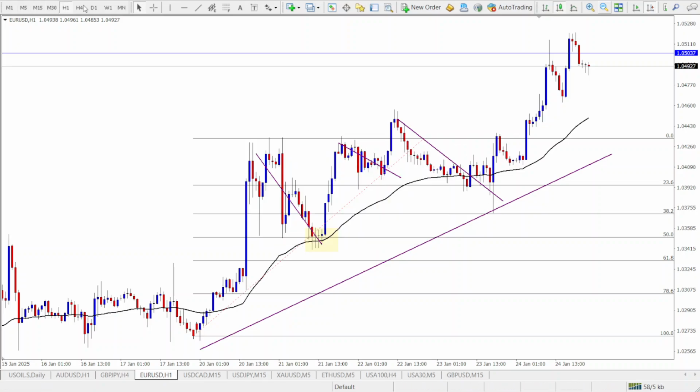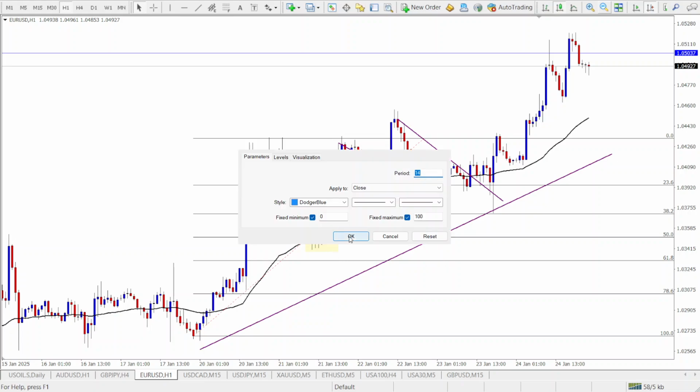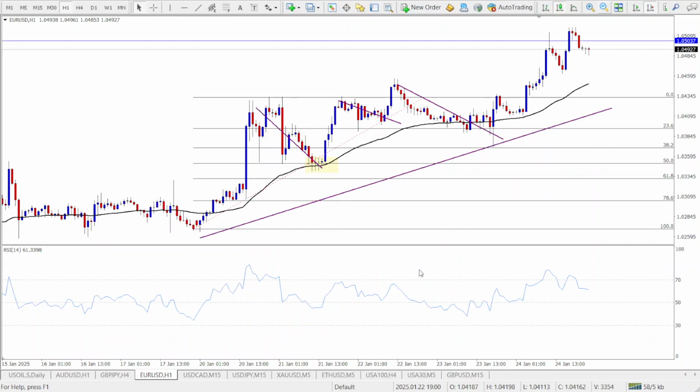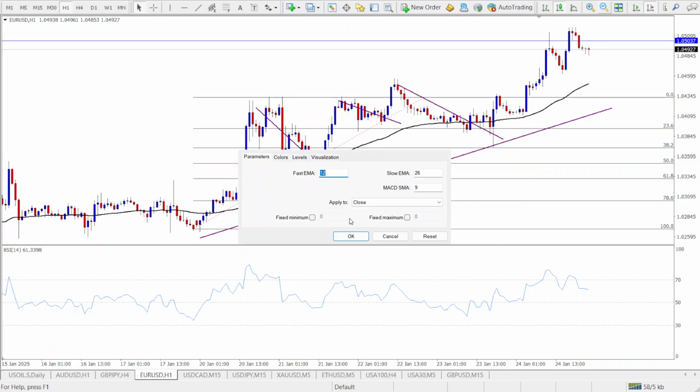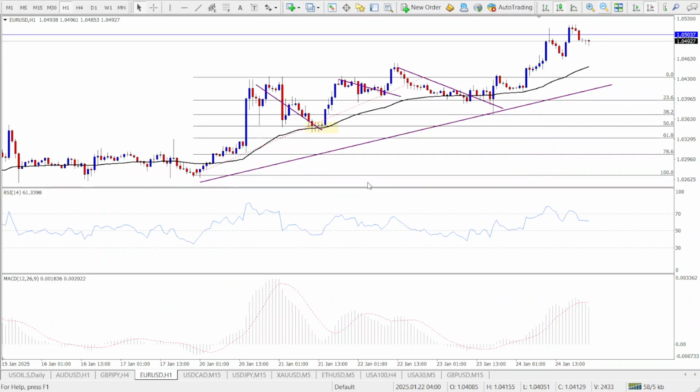Then you can make use of the relative strength index to look for overbought and oversold conditions during pullback phases, to confirm the retracement is nearing its end. You can also make use of the MACD to watch for crossovers or momentum shifts that signal trend continuation.